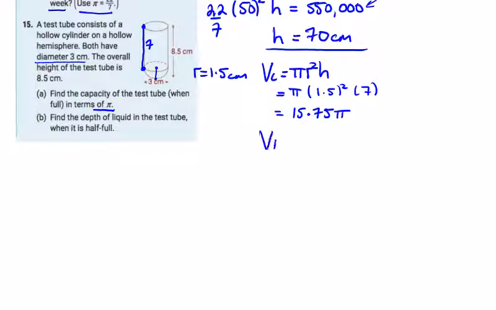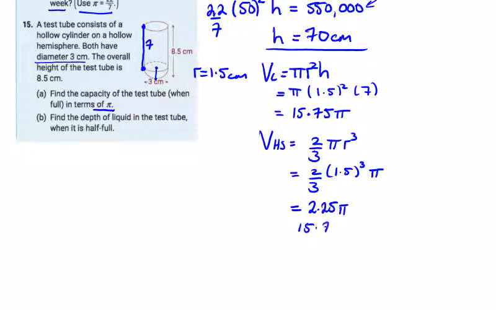The volume of the hemisphere is equal to 2/3 pi r cubed, which is equal to 2/3 by 1.5 cubed by pi. So that works out to be 2.25 pi, and if we add 15.75 pi, 17 and 1 is 18 pi for the capacity of the test tube, and that's in centimeters cubed.